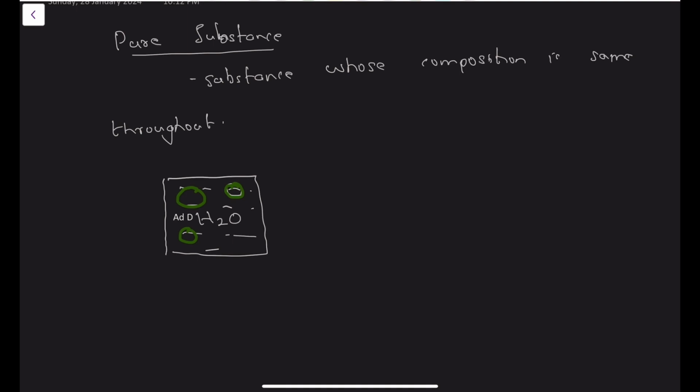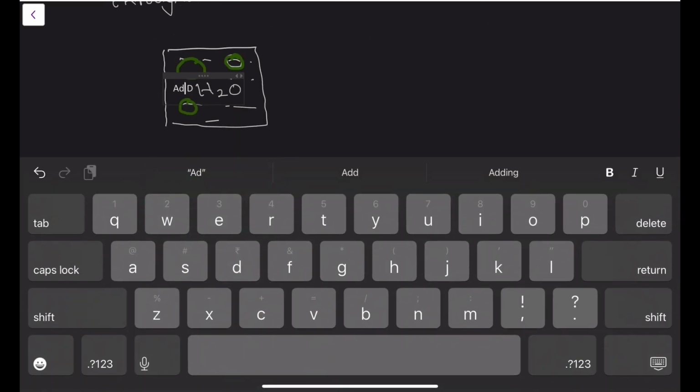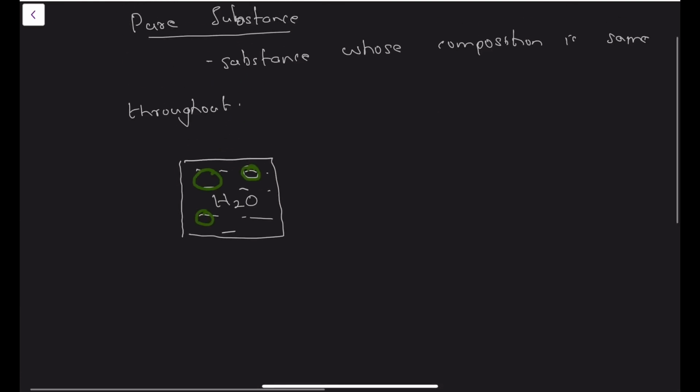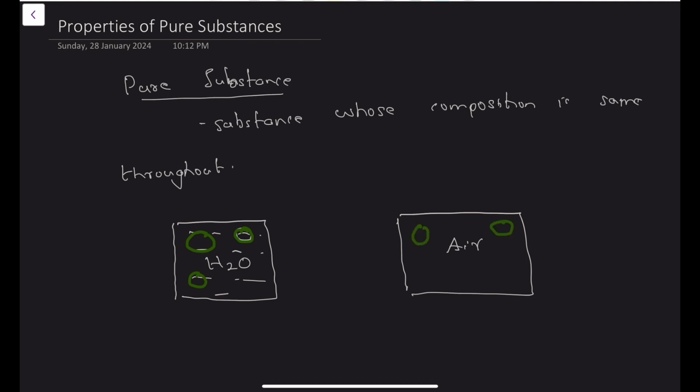Here also, if you take a region, it will have the same chemical composition.